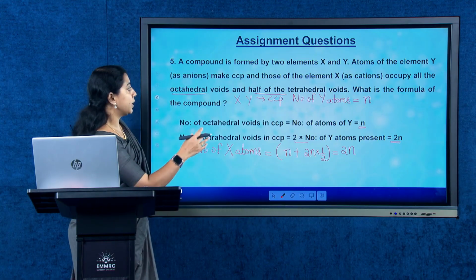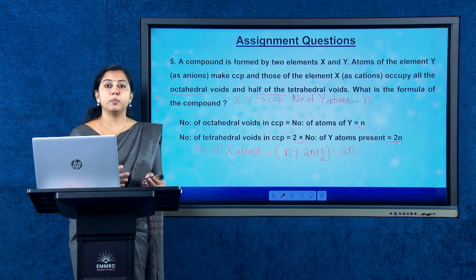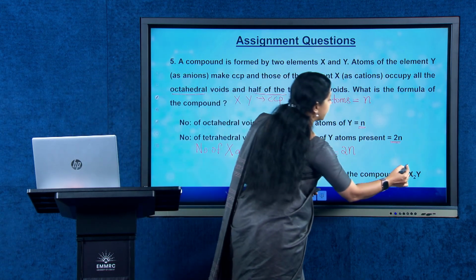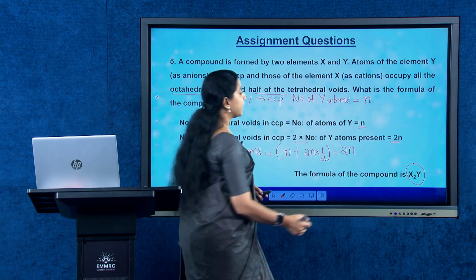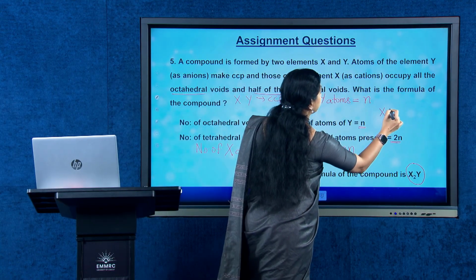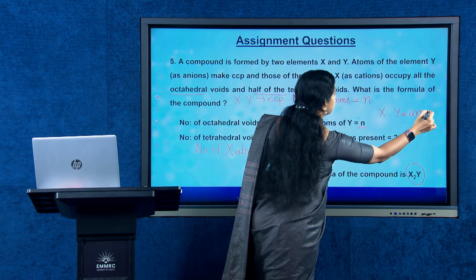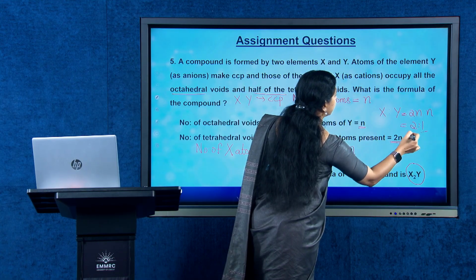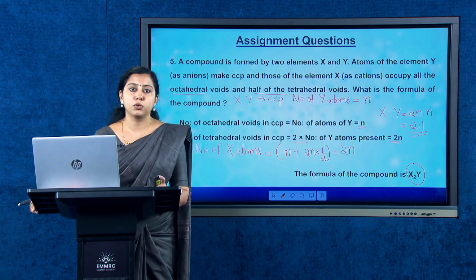Okay. So the number of X atoms is 2n and the number of Y atoms is n. So what will be the formula of the compound? We can take the ratio of X to Y will be equal to 2n is to n. So that is equal to 2 is to 1. So the corresponding formula will be X2Y.